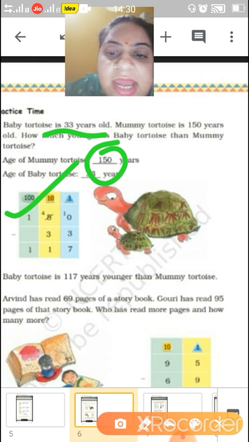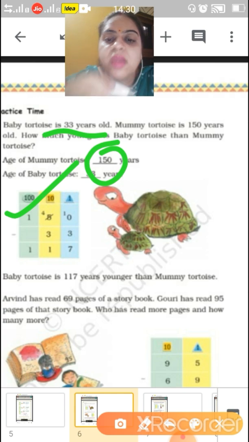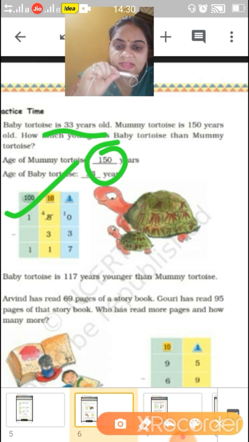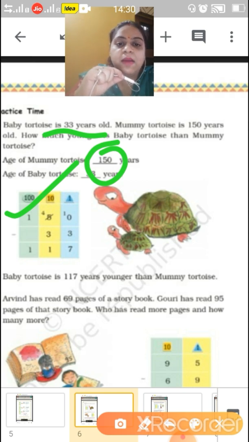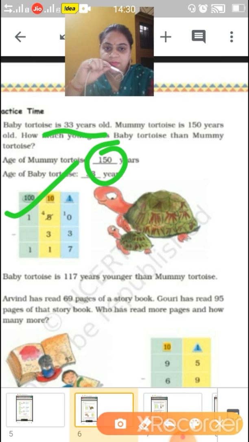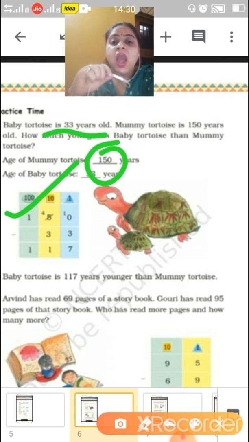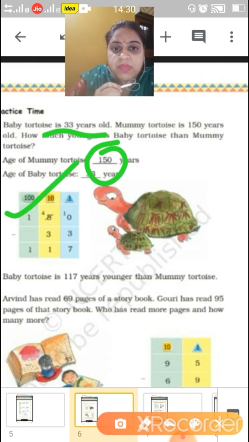That we will get here 10 minus 3, that is 7. 4 minus 3, that is 1. And 1 we get as it is. So baby tortoise is 117 years younger than mummy tortoise, because they are asking how much younger baby tortoise is than mummy tortoise.